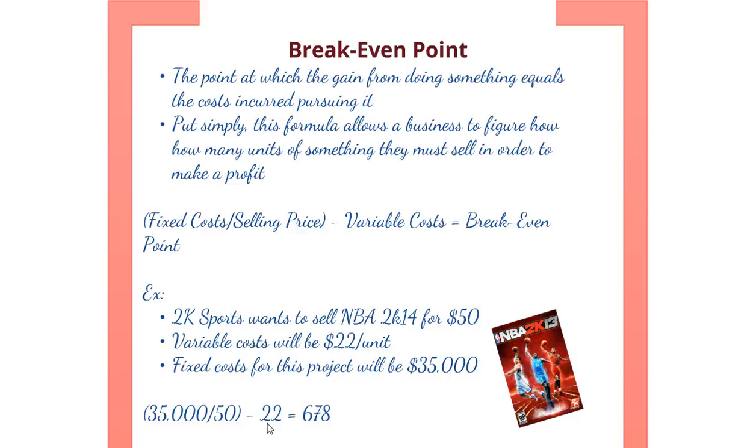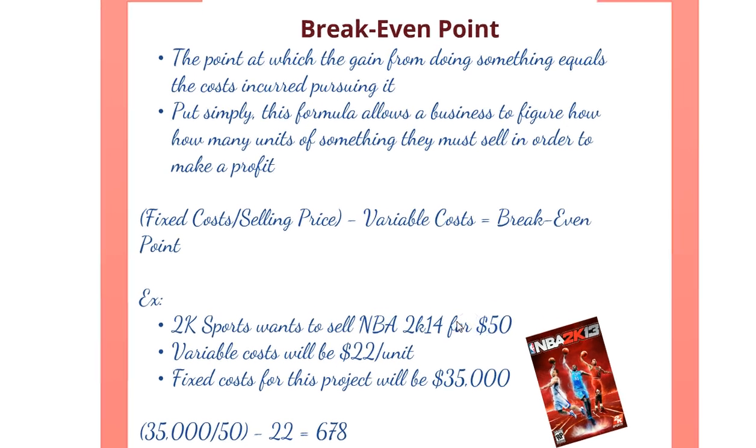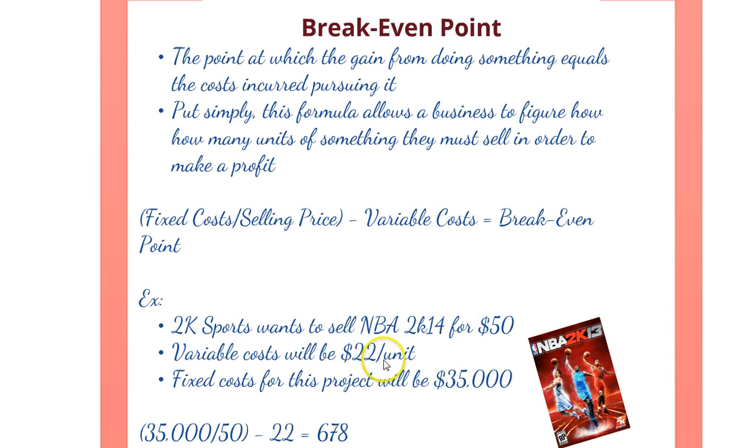So they would need to sell 678 copies of this game in order to break even on just this specific game. That's the break-even point. If they didn't like this number, they'd have to make some adjustments. They'd either have to raise the price or lower the price, or figure out a way to lower these variable costs. Do something if they didn't like that number.